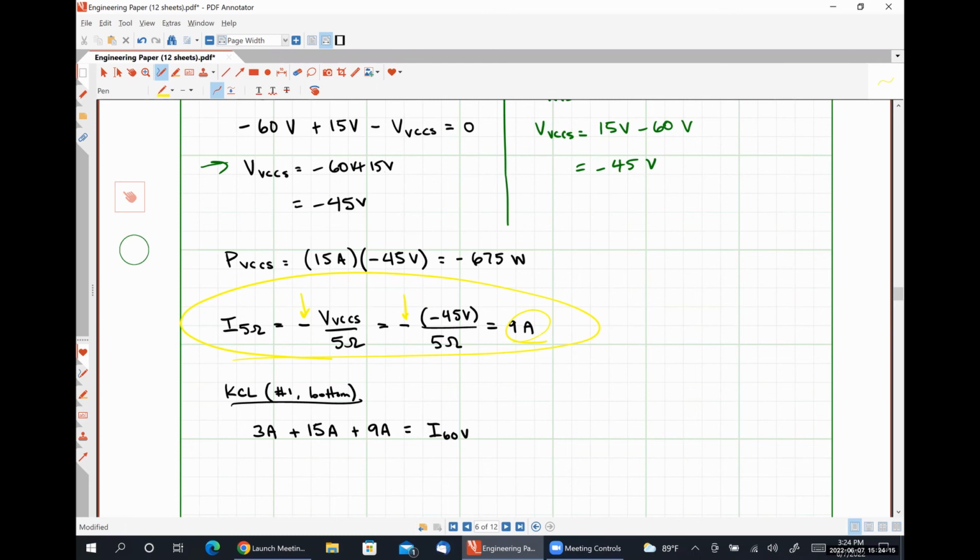Anytime the current is flowing into the positive polarity terminal and we're applying Ohm's law, V is equal to I times R. Anytime the current is flowing into the negative polarity terminal, V is equal to negative I times R. So it's not just how it looks on the circuit, it's about what you get mathematically. No, it's absolutely about how it looks on the circuit, actually. I mean, the math is the math. How it looks on the circuit is what tells you whether or not you need to include the negative sign or not.